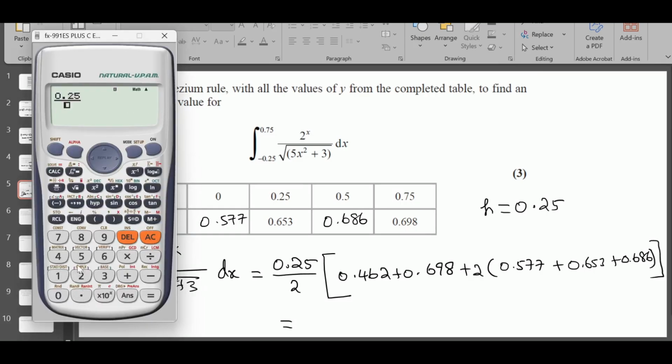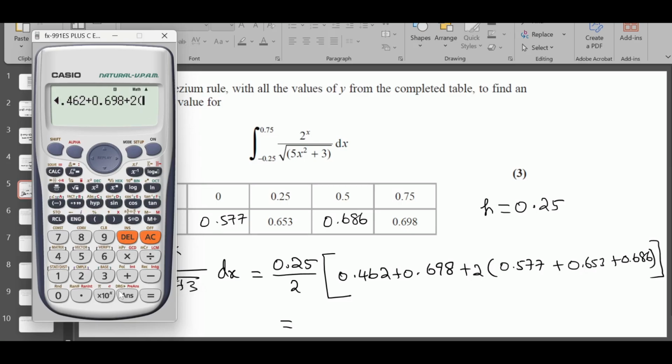So 0.25 over 2 times the first value, 0.462, plus 0.698, plus 2. I open the bracket again, so we open the bracket twice and you need to close it twice.